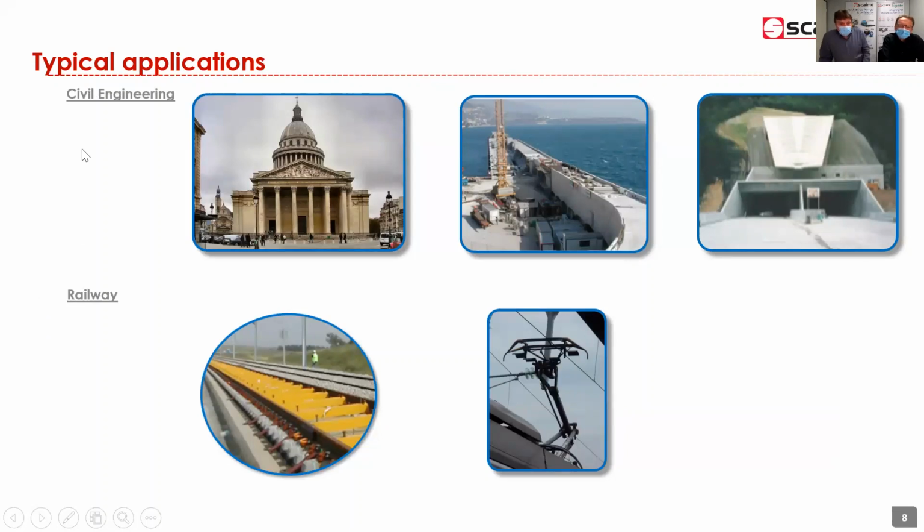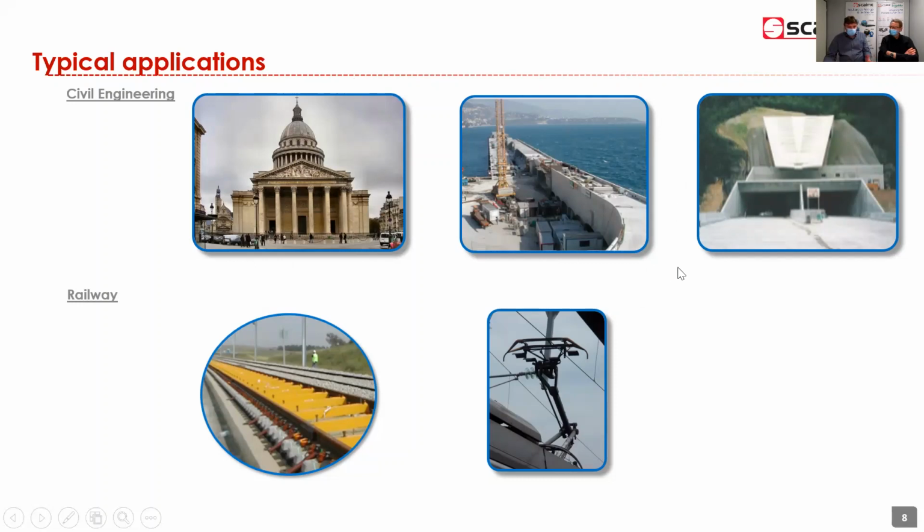Then this was more typical, or more known, for FBG technology, which is civil engineering. We have worked on some historic monuments like the Panthéon in Paris, and others. This is the Monaco Pier in Monaco, of course, where we have different sensors inside water or in dry areas, or in tunnels and bridges.